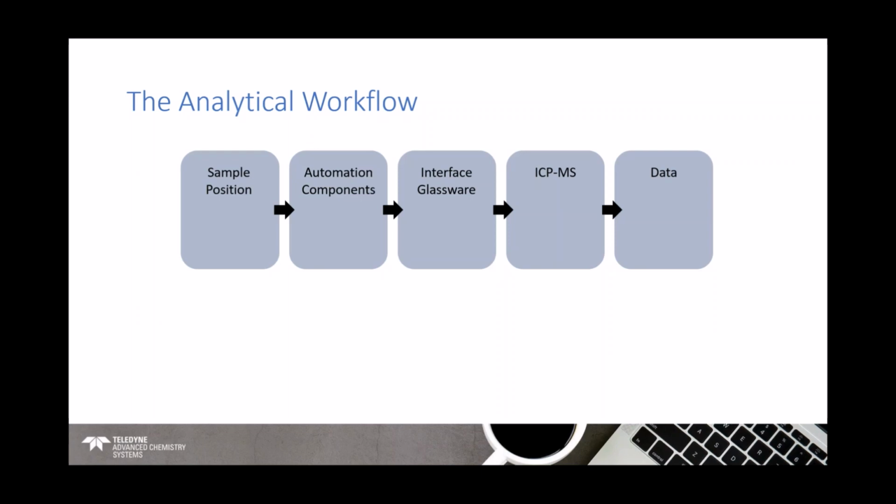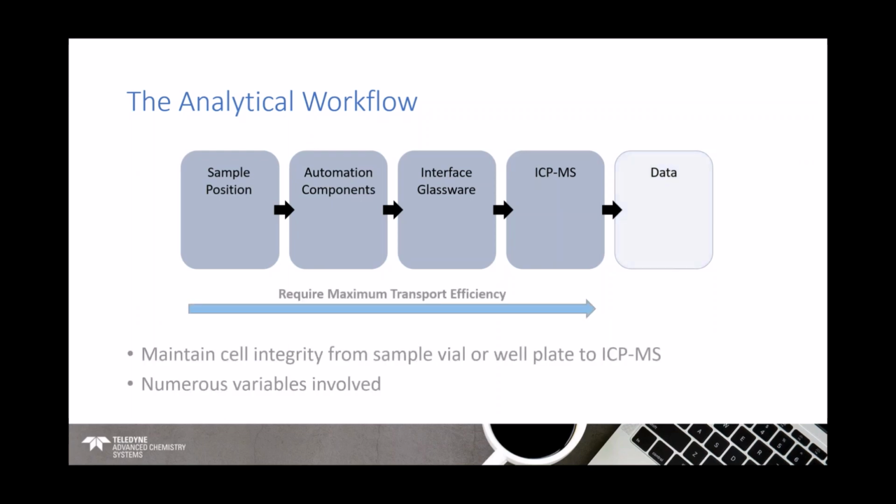But the thing to consider from the very outset is cells. Cells are a different thing entirely to an ICP-MS instrument, and the key to success here is essentially making sure that you maintain cell integrity from A to B. So you maintain the integrity of the cells starting at the sample position through to the ICP-MS.